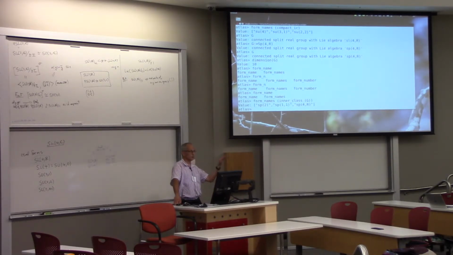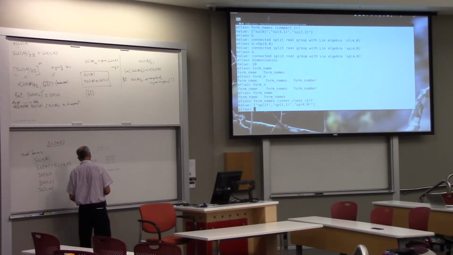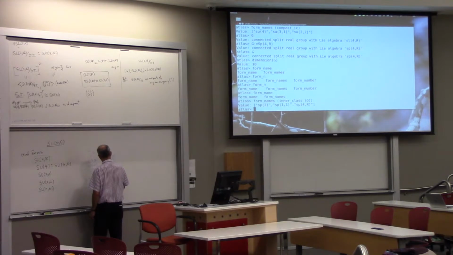In general, SP2NR, or SP2NC, has only one inner class. And the real forms are the split group, SP2NR, and the SPPQ, where P plus Q is equal to N.